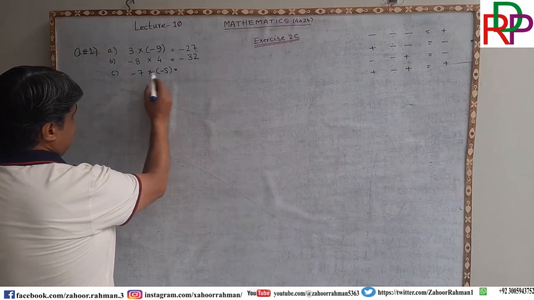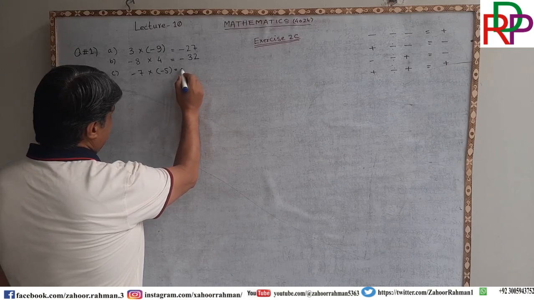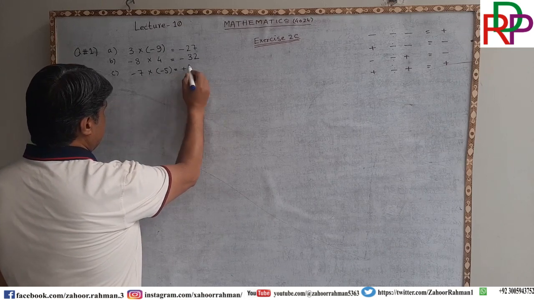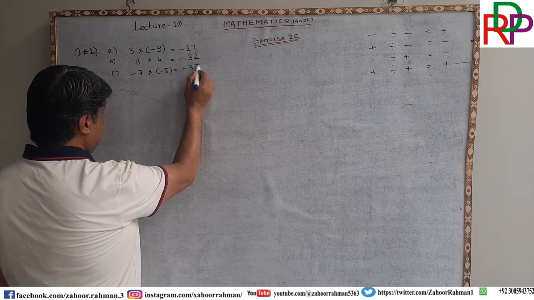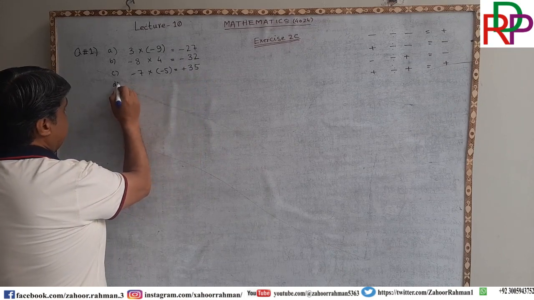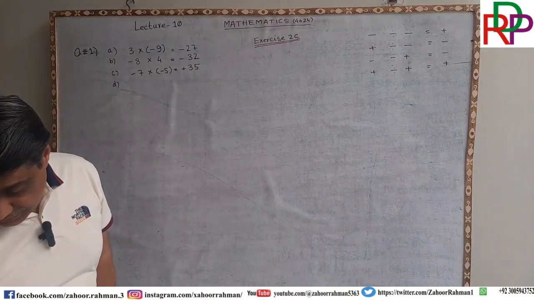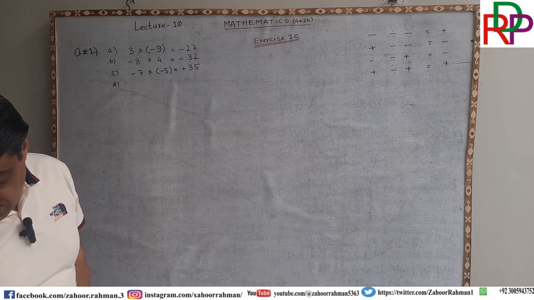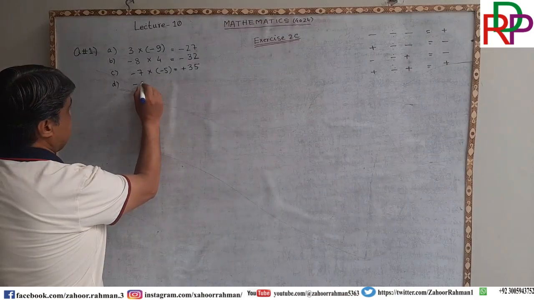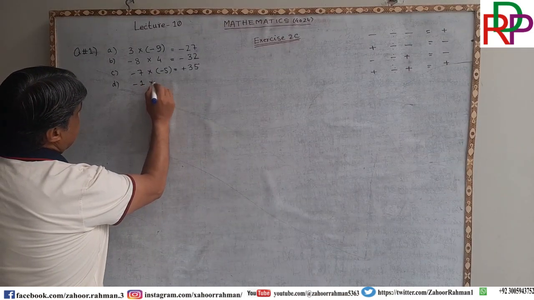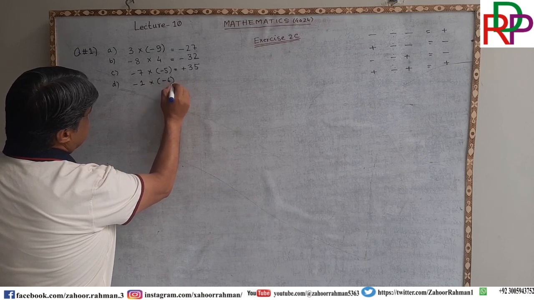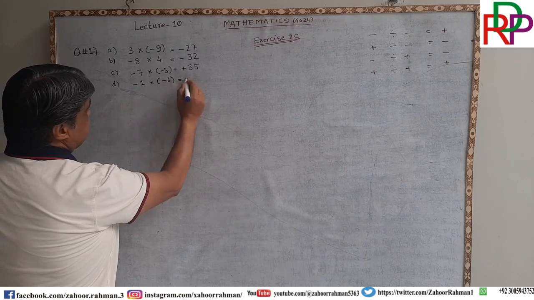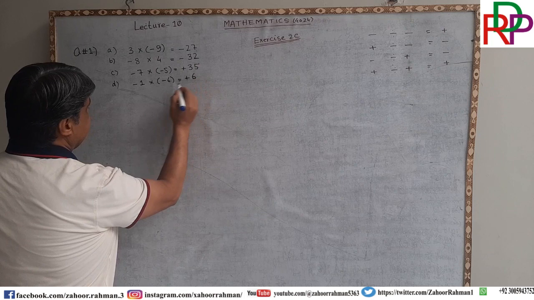When minus is multiplied with minus, it will give you positive 35. Now D part is saying minus 1 into minus 6. Minus and minus is plus, and this is 6.